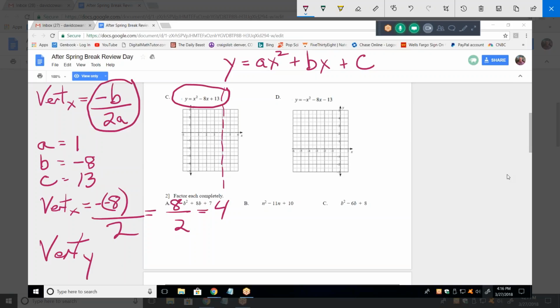So when x is 4, what is y? I'm going to write it out over here. So y would be what? 4 squared. Finish it for me. Don't give me a final answer; I want to know every step. So 4 squared, and you've got to plug in 4 for the other x.